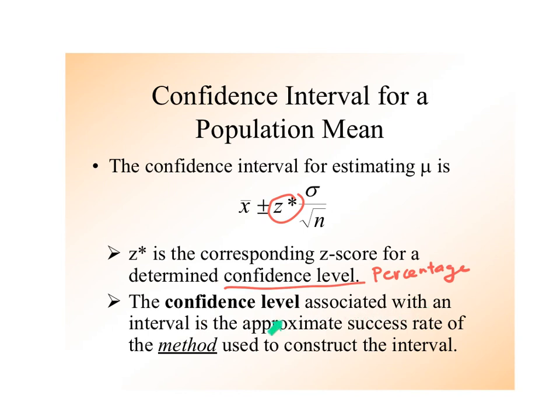The confidence level associated with an interval is the approximate success rate of the method used to construct the interval. Okay, so if you choose a 90% interval, a 95% interval, the larger your percentage, the larger your interval. The smaller your percentage, the smaller the interval.